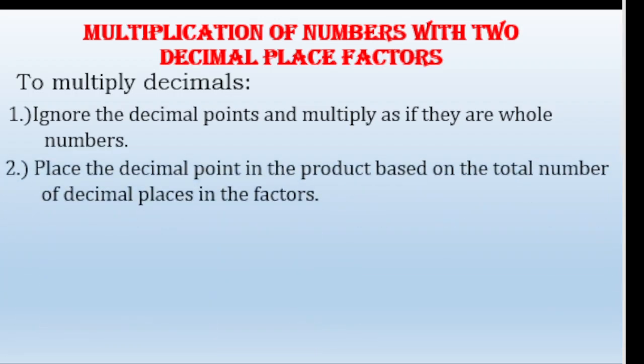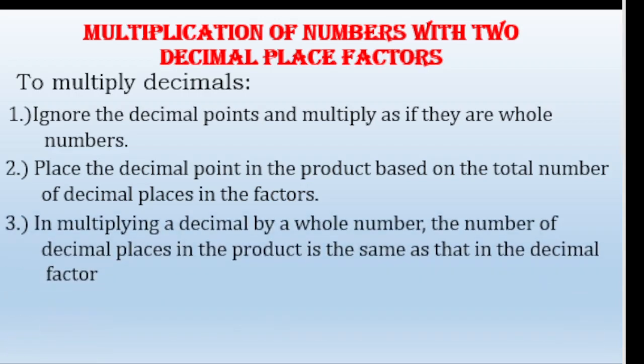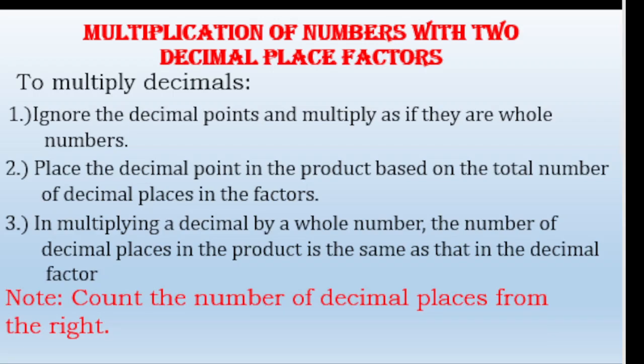Place the decimal point in the product based on the total number of decimal places in the factors. And in multiplying a decimal by a whole number, the number of decimal places in the product is the same as the decimal factor. That's why you have to bear in mind that you have to count the number of decimal places from the right. Please take note of that.